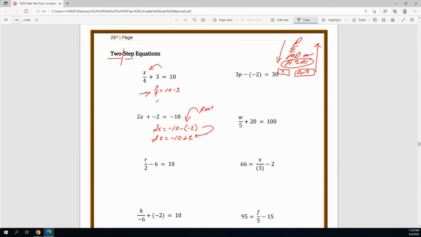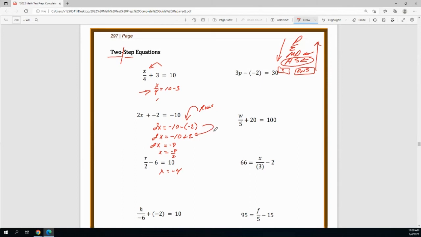So negative 10 adding 2 is going to leave me a negative 8. So that's 2 times x equals a negative 8. So let's continue. The opposite of multiplying x by 2 is to divide the other side by 2. So now I have negative 8 divided by 2. That's going to leave me x equals a negative 4. So this is what it means to be two-step.